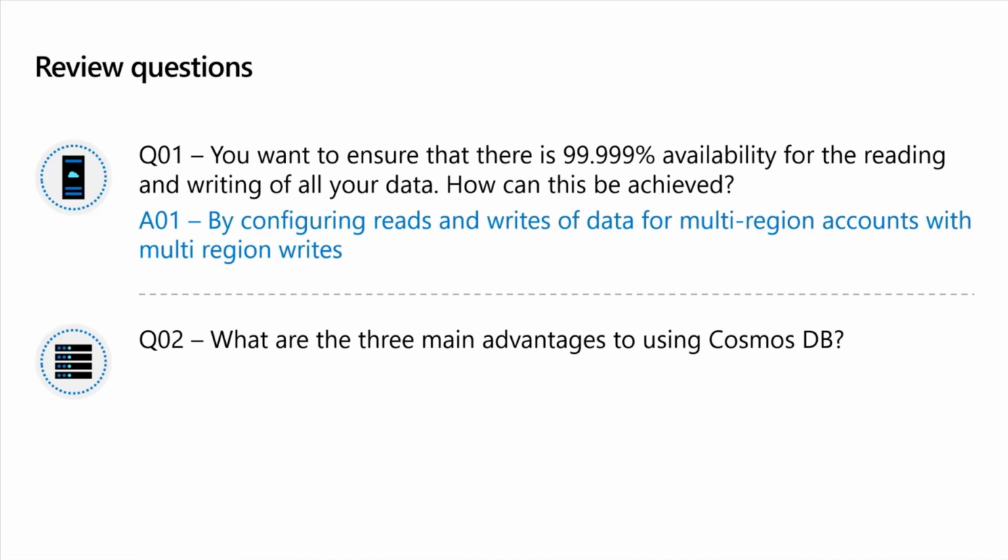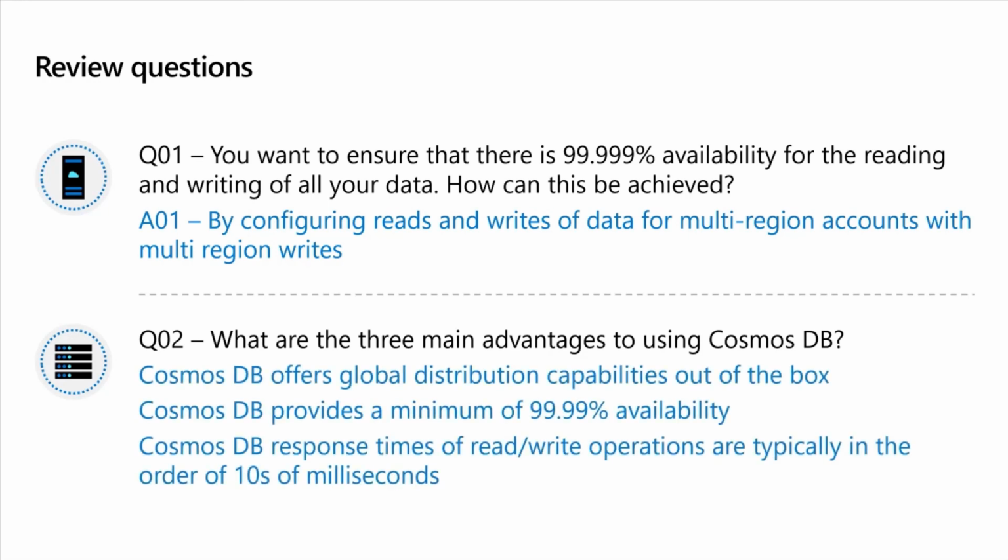What are the main advantages of using Cosmos database? The main advantage is that it is global in nature. Multiple modes are there. Minimum availability is 99.99%, and latency is pretty good, in the tens of milliseconds. The actual numbers are read latency less than 10 milliseconds and write latency less than 15 milliseconds.